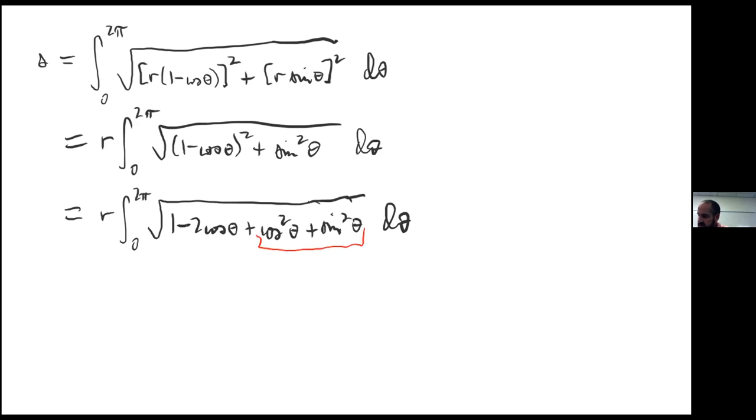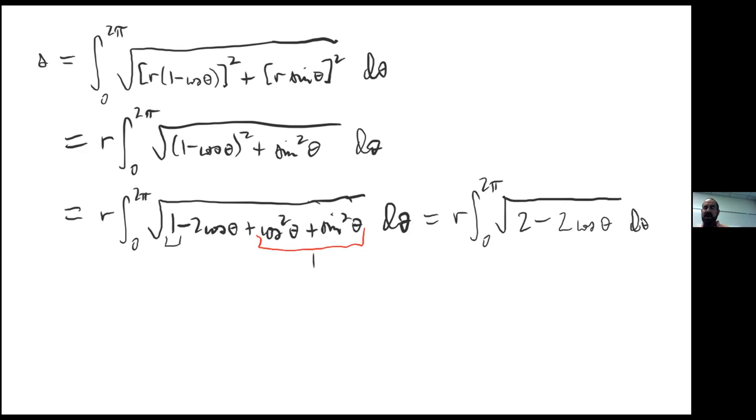That's just 1, right? Therefore, what do I get here? R integral from 0 to 2 pi. I have a 1 sitting here, and I have a 1 arising from the cos squared plus sine squared. So overall, it's going to be the square root of what? 2 minus 2 cosine theta d theta. Okay.